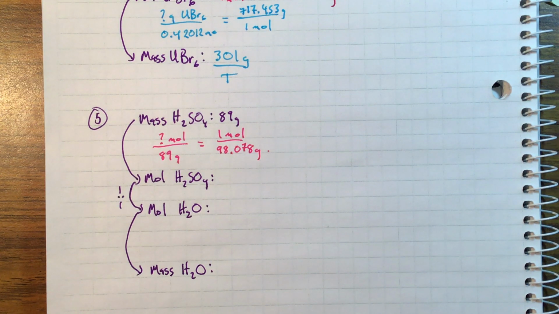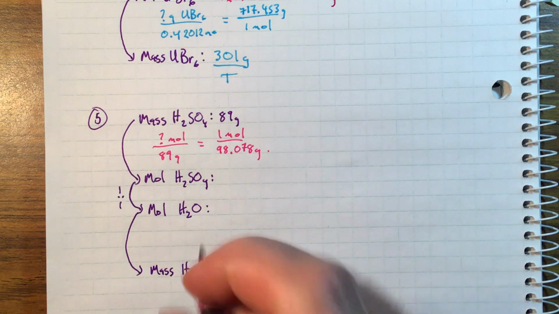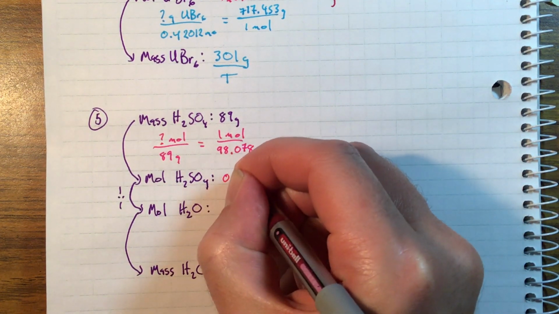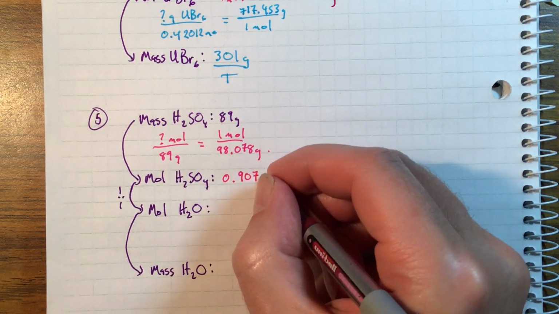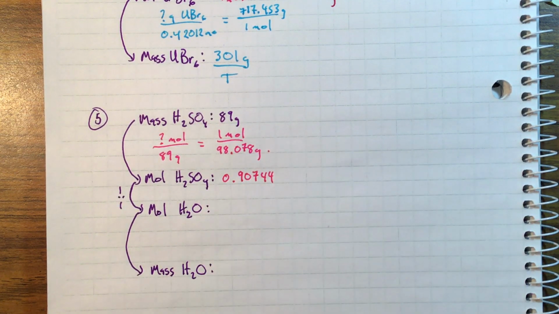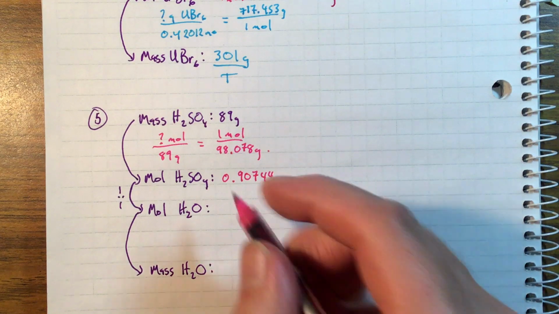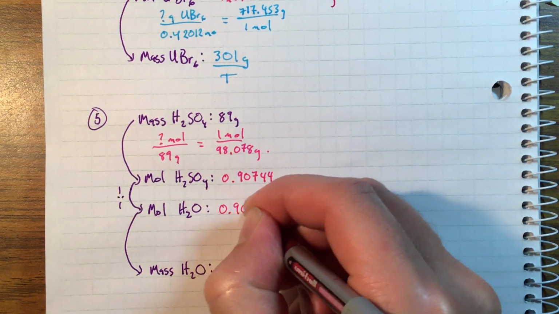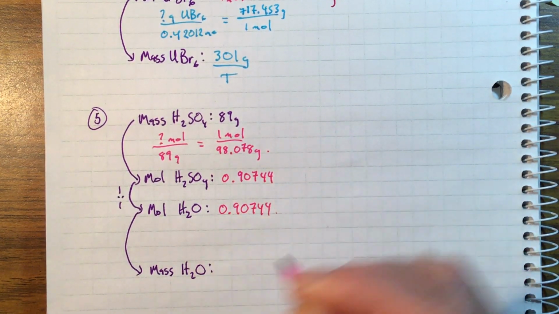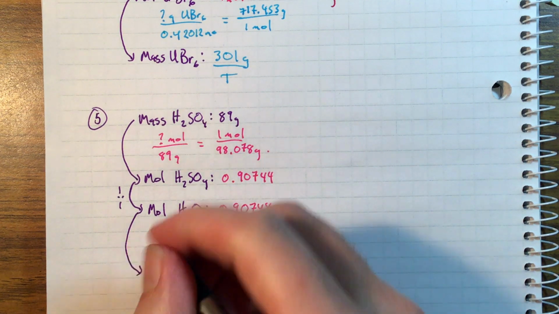So 89 divided by 98.078. 0.90744. Right, this is 2 sig figs, so our final answer will probably have 2 sig figs. So 0.90744. Then we can do my next conversion.